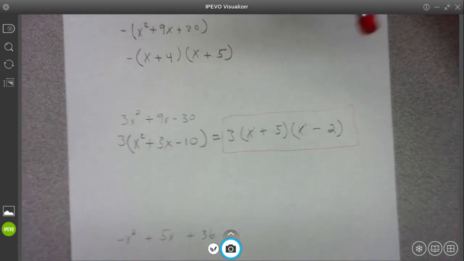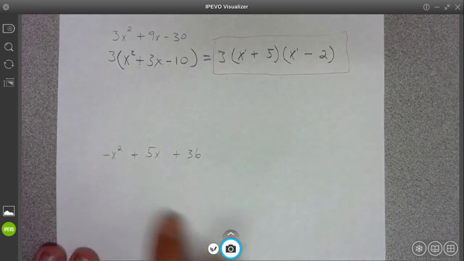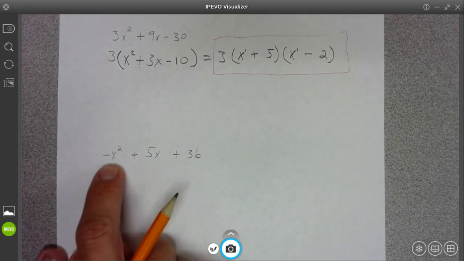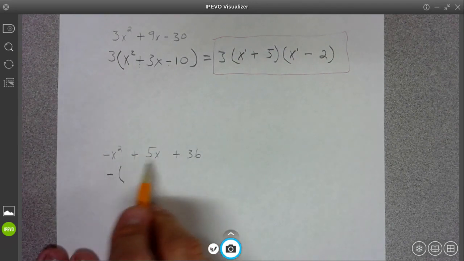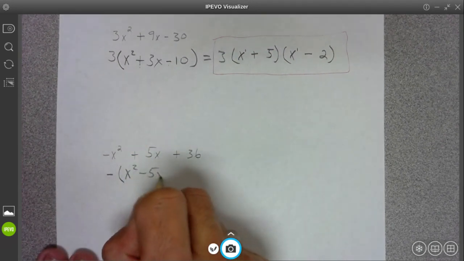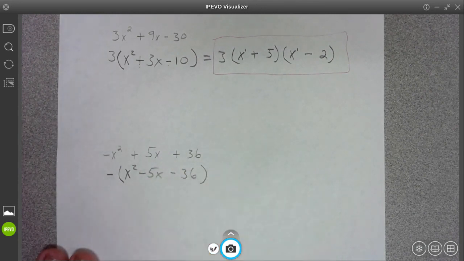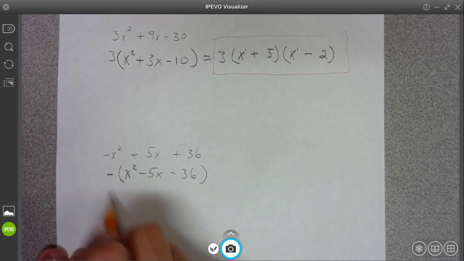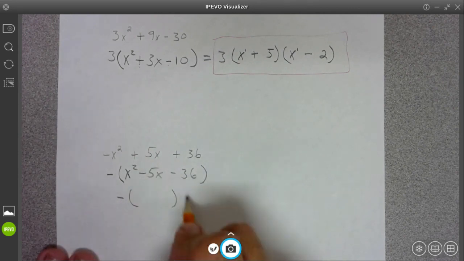One more down here. I'm going to factor out my negative first. I want this number to be positive always. So I'll do a negative, and then I'm just going to change the signs. So x squared minus 5x minus 36. Bring my negative down, and I'm going to factor this trinomial, or at least I'm going to try to.